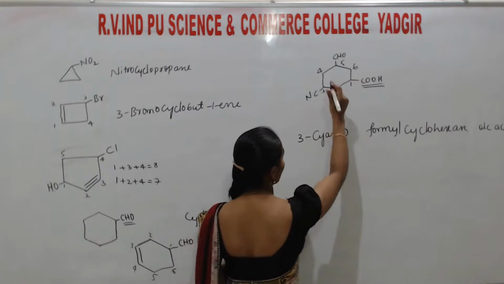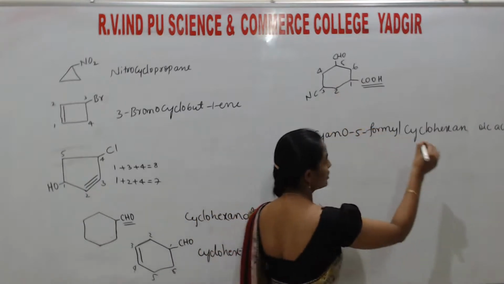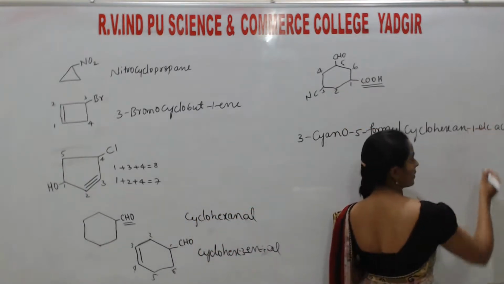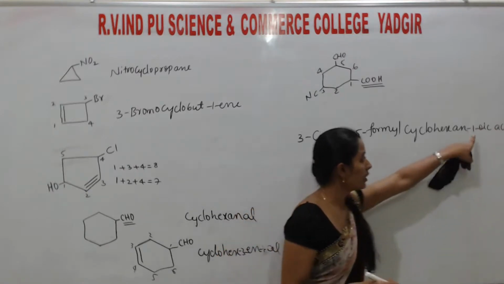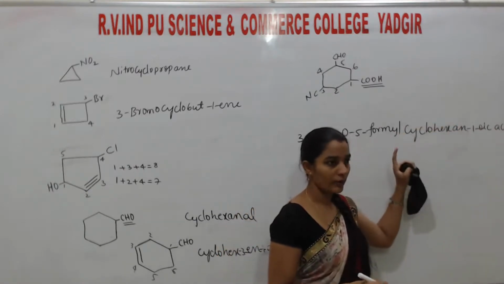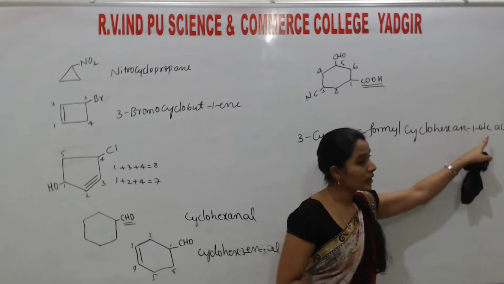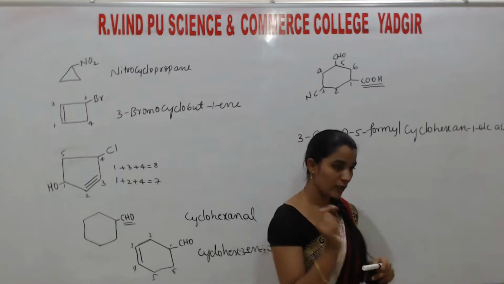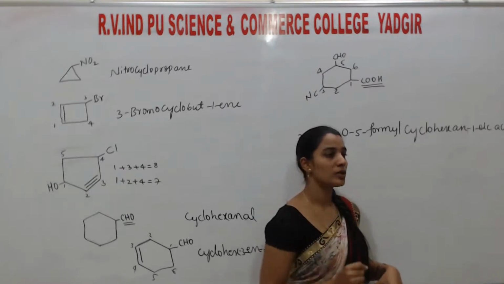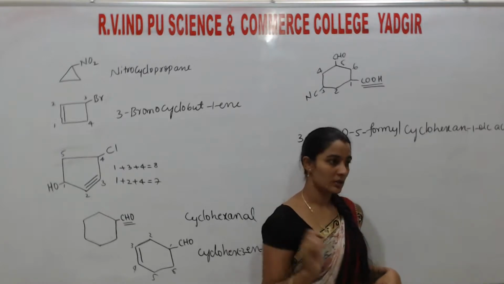The position of formyl is 5. The position of this -oic acid is 1. There is no need to write the position 1 in the cyclic group even. Cyclohexanoic acid is also correct, because in the cyclic compound we are going to give exactly the proper position 1 for the preferred functional group.